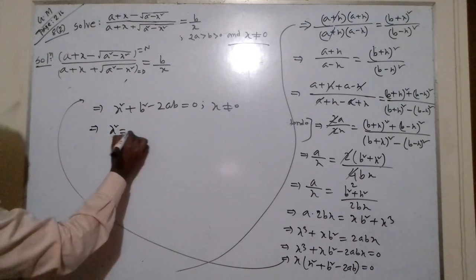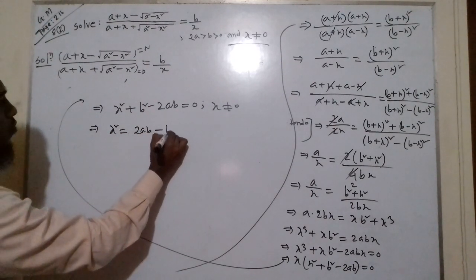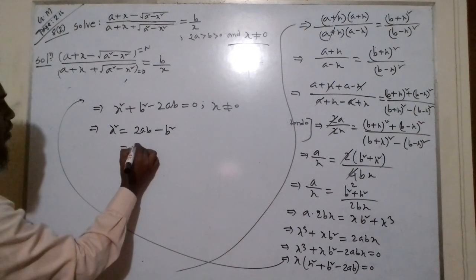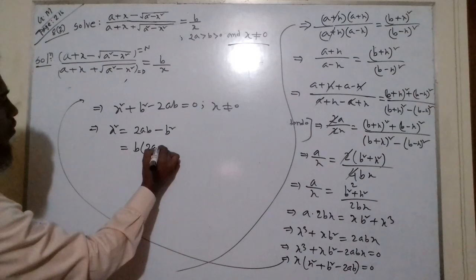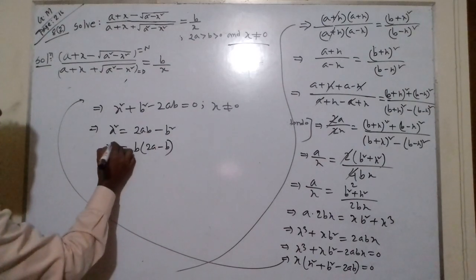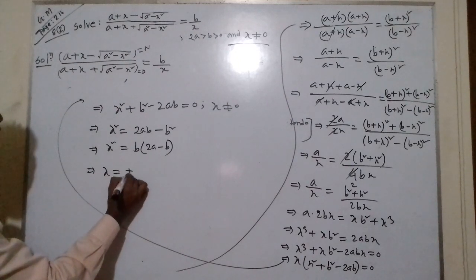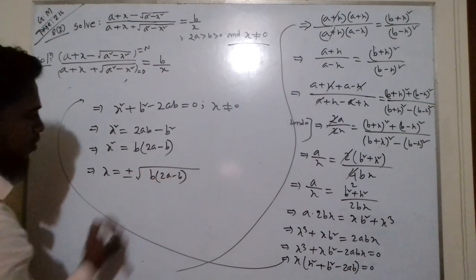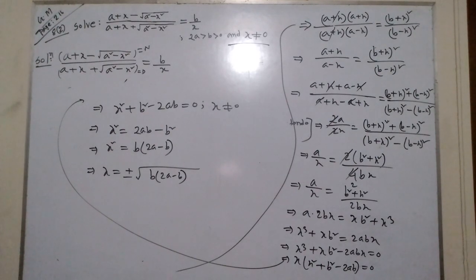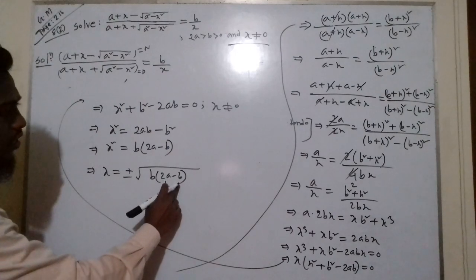Now x square equal to 2ab minus b square. So we can write b into 2a minus b equal to x square. So x equal to plus minus root over b into 2a minus b. Here we can see that 2a is positive sign and b is negative sign.